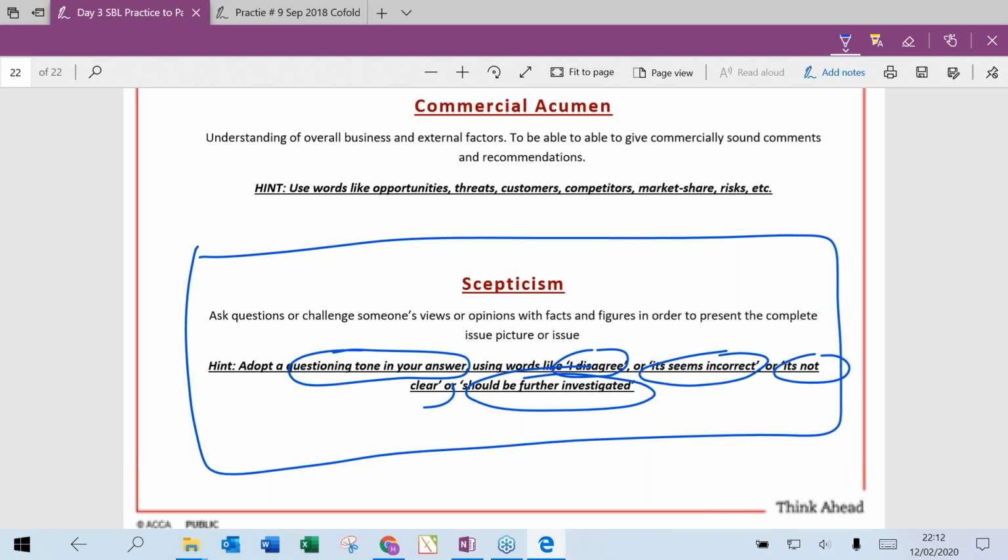So you will say, Oliver, although you have done a good job, however, you have not done the following. This is missing, that is missing, this needs further information. So by changing the way you draft, you will get marks. You don't have to do anything extra. Just adopt a negative tone in drafting your answer. You have not done this. This is missing. I disagree with your assessment.